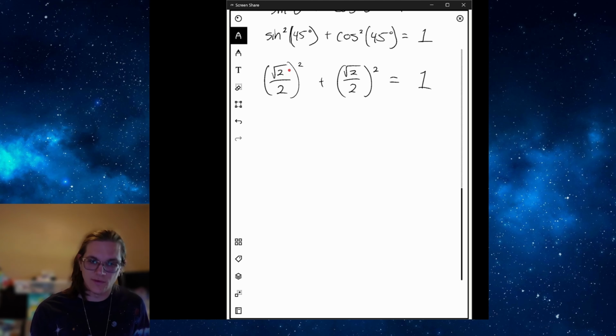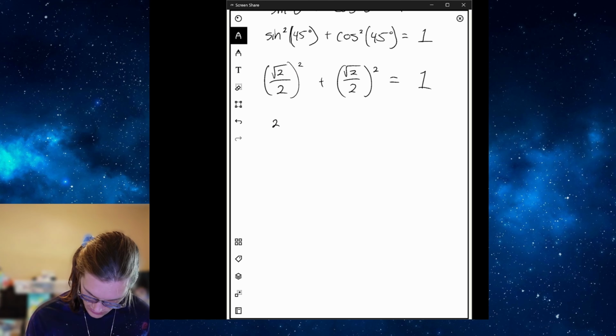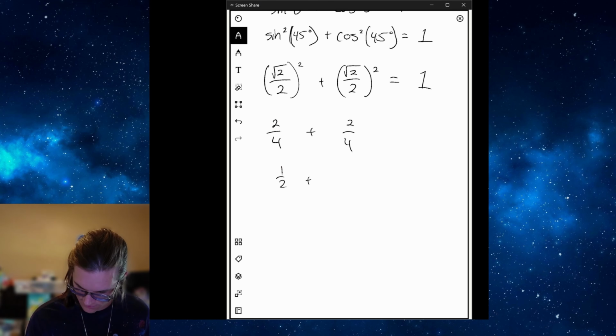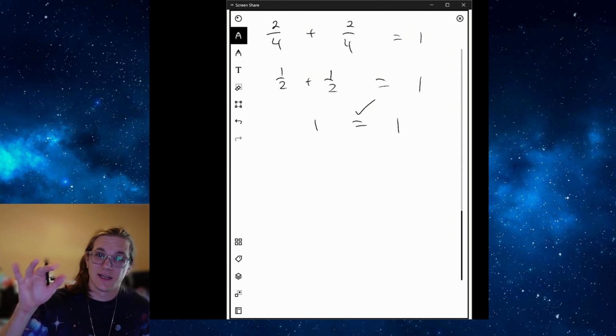When you square a fraction, you square both the numerator and the denominator. So it's 2 over 4. That's 2 over 4. A half plus a half is 1. So we proved it to ourselves.